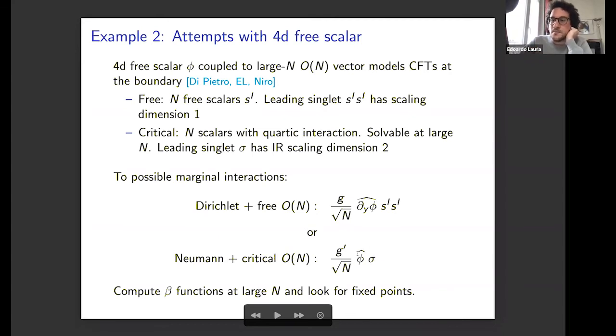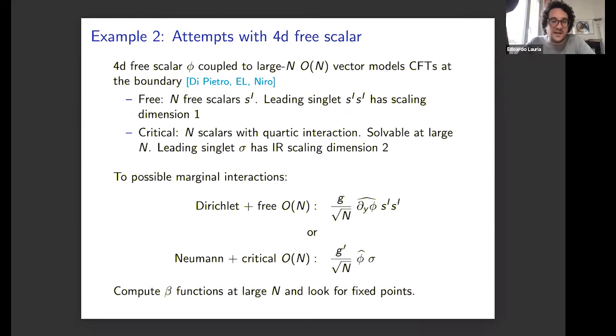So this is a marginal coupling. Okay, this defines interacting boundary conditions. And now we can say, okay, fine, I am done. Now I just go to the infrared fixed point, and I am about to find the interacting conformal boundary conditions.